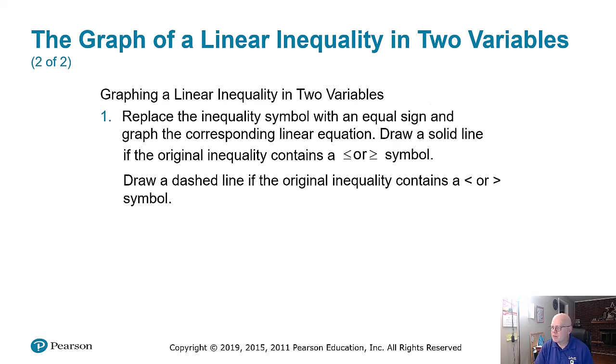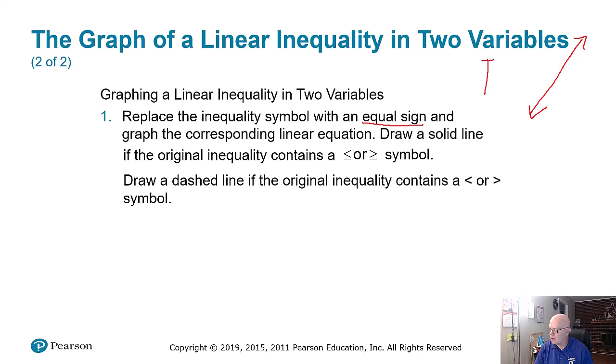So here are some steps you can follow. Replace the inequality with an equal sign because we need that boundary line. In that first example I gave you, I created this line. Well, you're going to need a line like that, but you're going to need the equation to create the line.